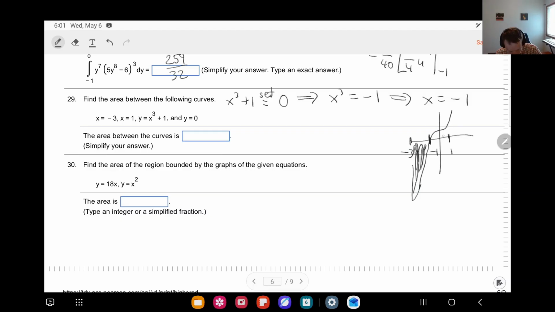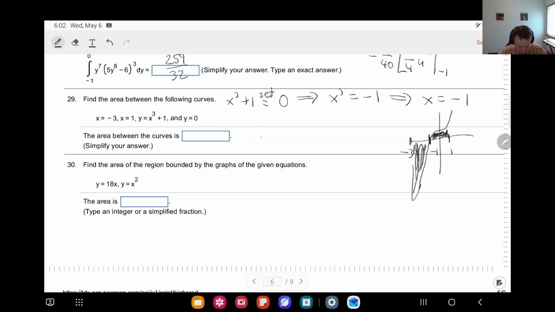But then on the other side, between -1 and 1, that polynomial is higher than y equals 0. If you are not able to come up with a picture like this, you could just plug in some points to see which gives you the bigger value between the two functions.